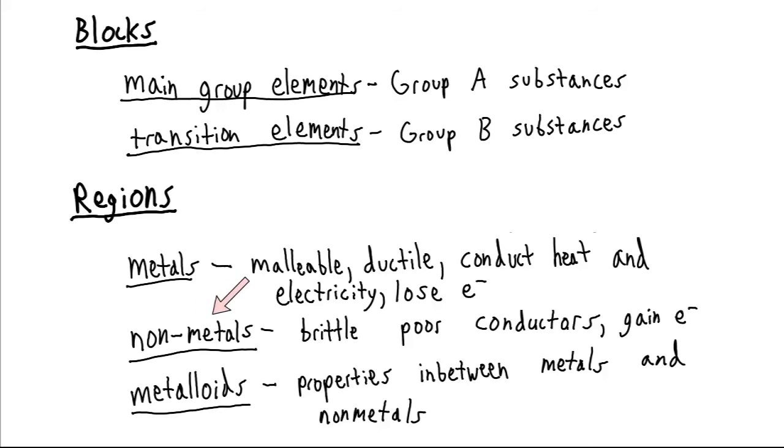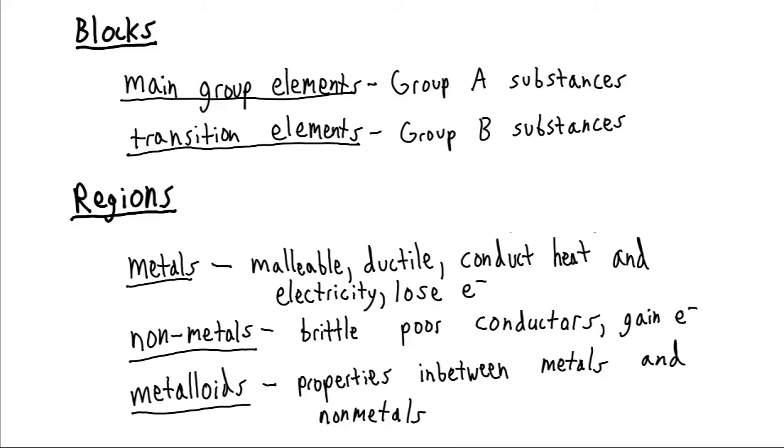Nonmetals, which are distinct from metals, are brittle, they're poor conductors, and they tend to gain electrons instead of lose electrons. And then you have the metalloids, which are in between the metals and the nonmetals. Depending on the specific physical situation they're in, they might behave as one or the other.